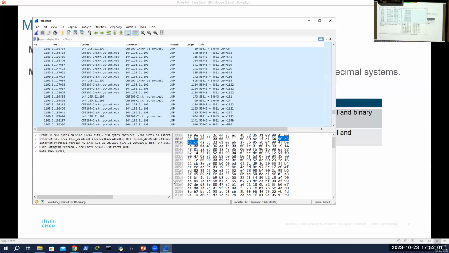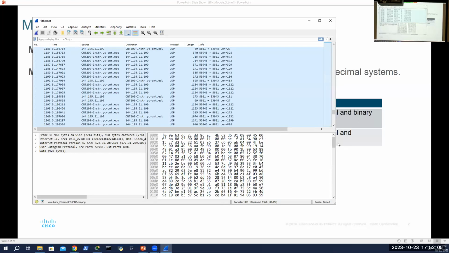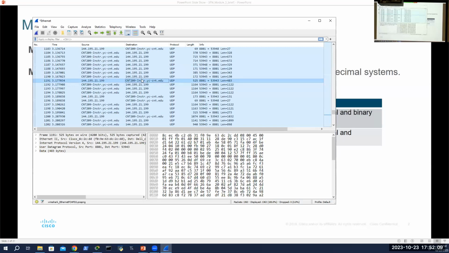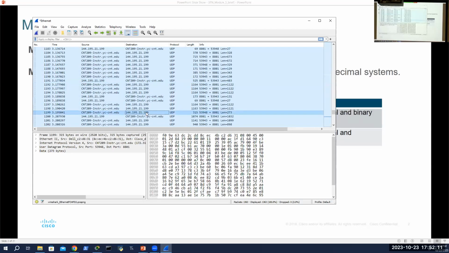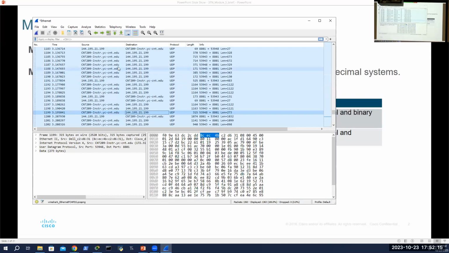They've changed the look of this. If I can find this, I don't know what happened here. Usually you've got the decoded frame, and this is the raw hex.